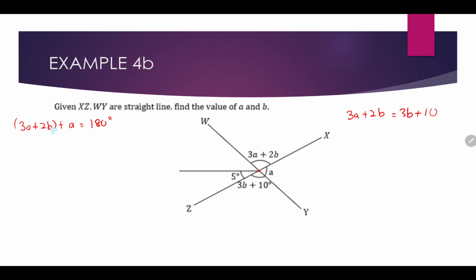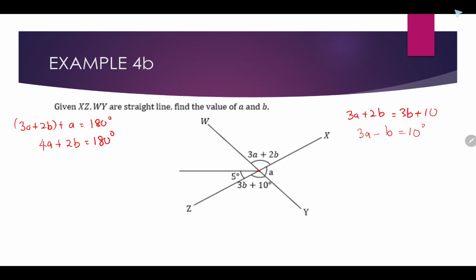So from the first equation here, we got 4a plus 2b equals 180, and from the second equation, we got 3a minus b equals 10. So we can solve it by simultaneous equations.